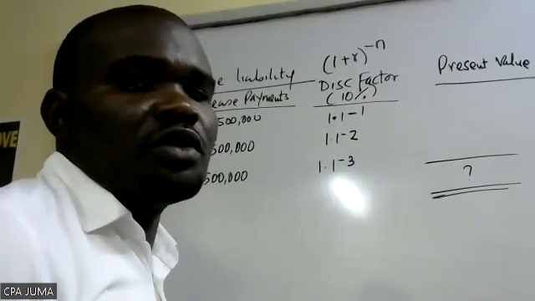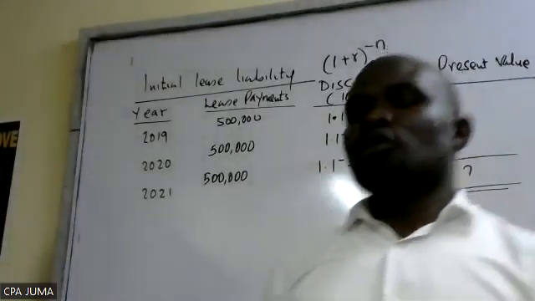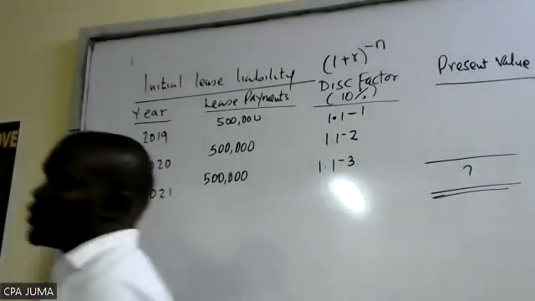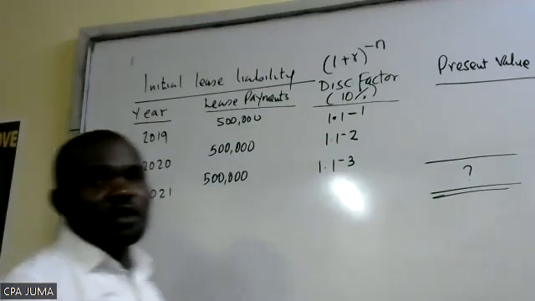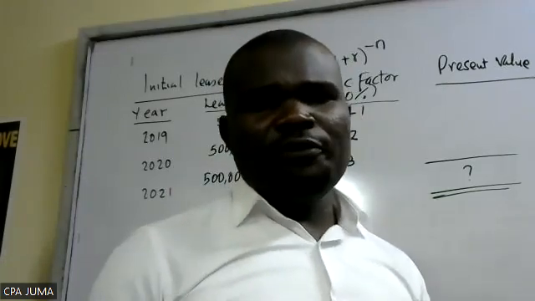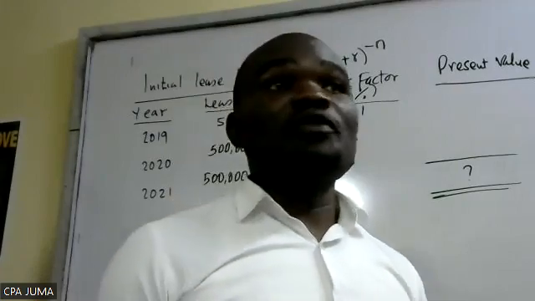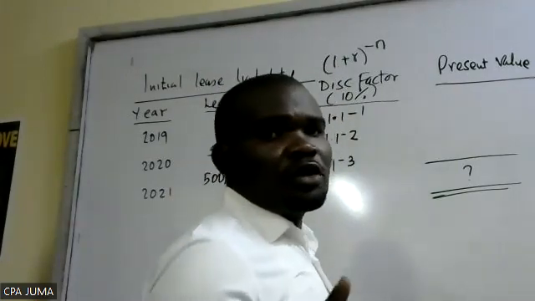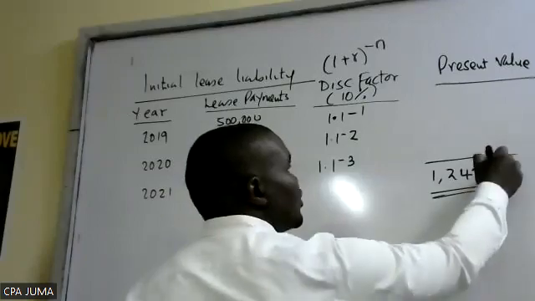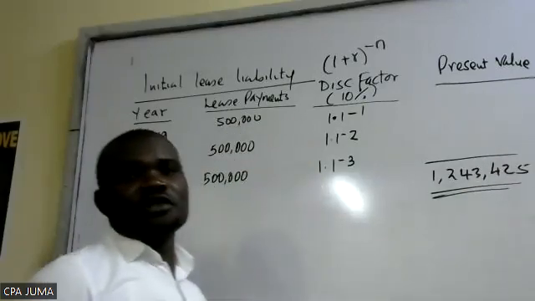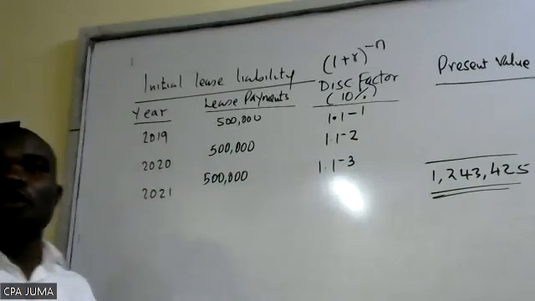Nobody will discriminate you. I can see online, Brian is saying it is 1,243,425. You have the same? So 1, 2, 4, 3, 4, 2, 5.